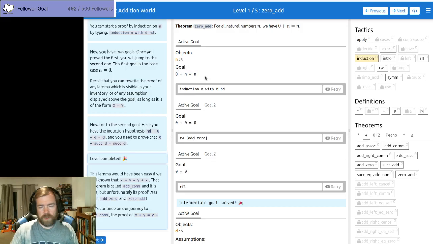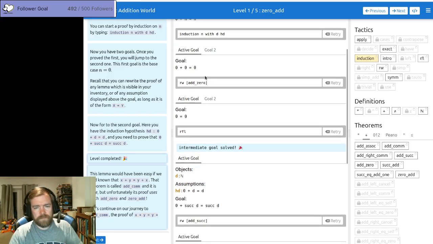So what do we do with induction? Well, induction proofs say we're going to start with a base case, and then we're going to assume that it's going to work for any particular hd. So in this case, 0 plus d is equal to d. And then we have to prove that the successive is also going to work for that.